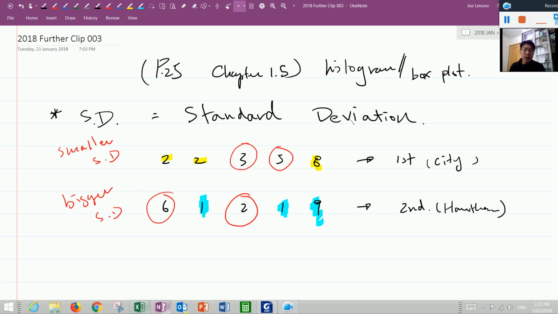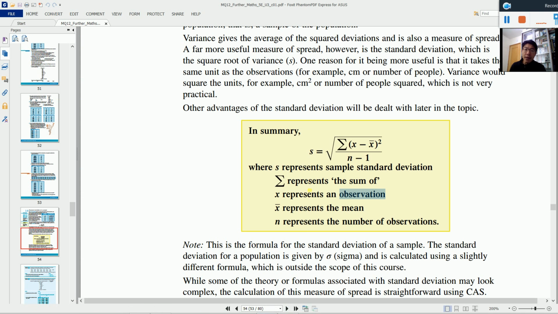Let's go back to the book. Then x with a slash at the top means the mean, the average of all the observations or all the entries. n is a funny thing, it represents the number of observations.